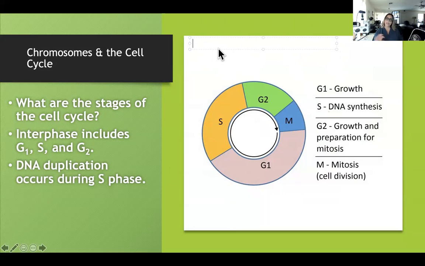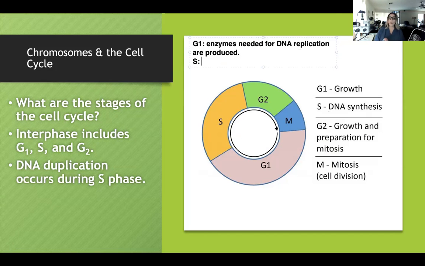G1 is like a stage of life, like when you are a baby. It says growth on my slide here, but I want to add something to that: enzymes needed for DNA replication are produced.